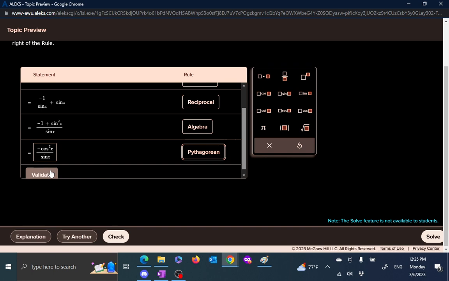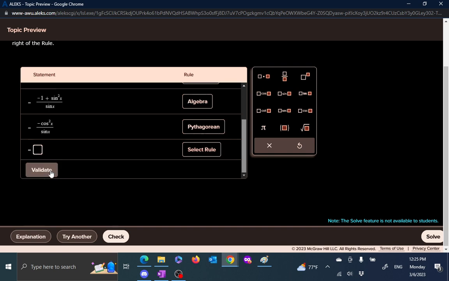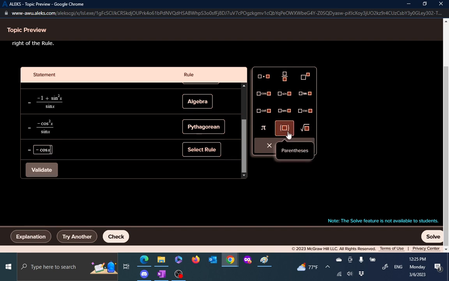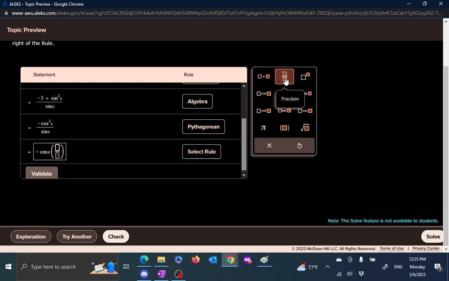Let's see if that's going to be happy. That's fine. So minus cosine of x, we said to separate it, and then times, let's see if it accepts this one. No. Let's see if I can make a fraction separately so it doesn't run in the first one.